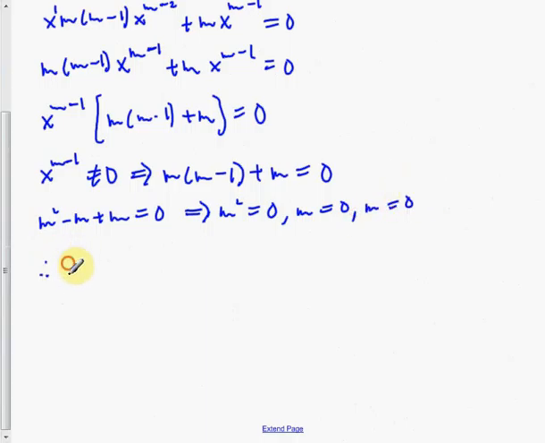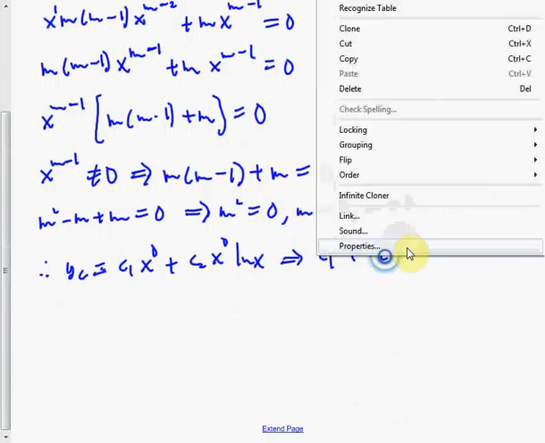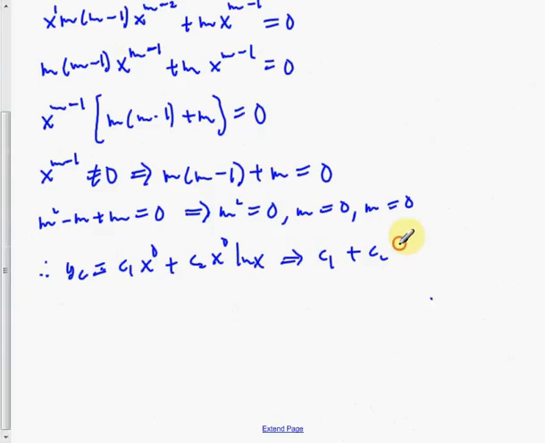So for the first part, y sub c is equal to c sub 1 times x to the 0 plus c sub 2 times x to the 0 times the natural log of x. You can simplify that. That is, we have c sub 1 plus c sub 2 times the natural log of x.